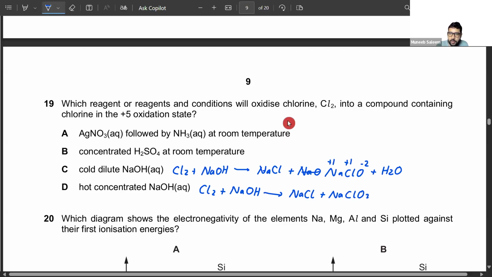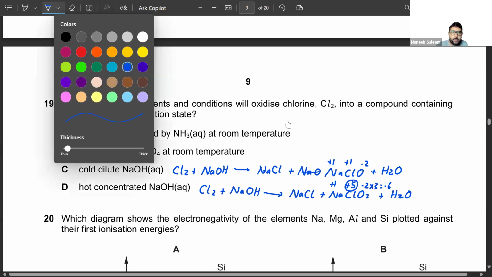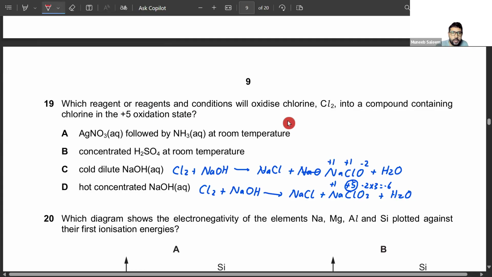Now in this case, along with water, the oxidation state of chlorine was +5, because oxygen cumulatively gives -2 times 3, which is -6, and sodium is +1, so that's +5 on the chlorine. That's why the correct option is option D.